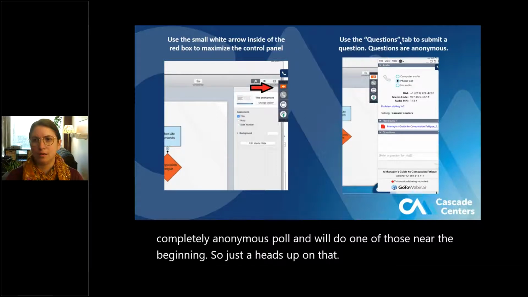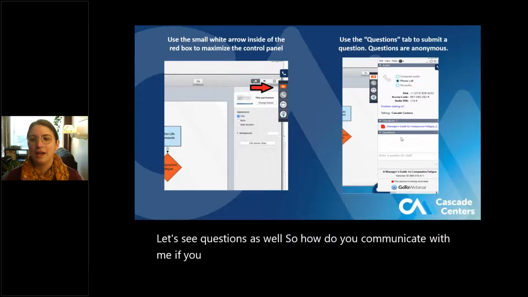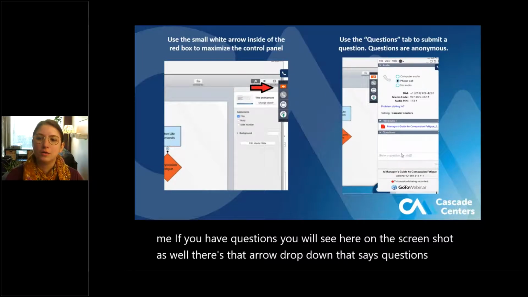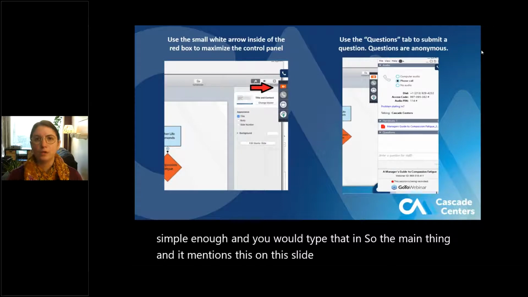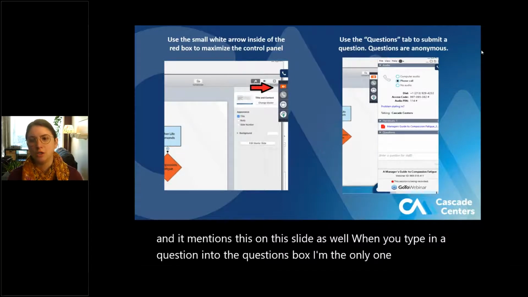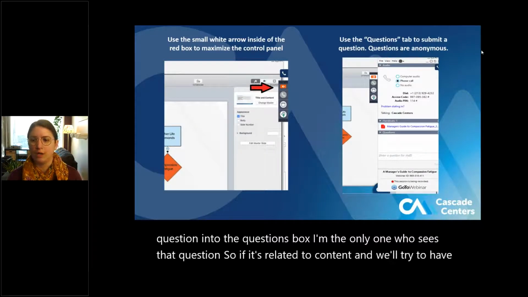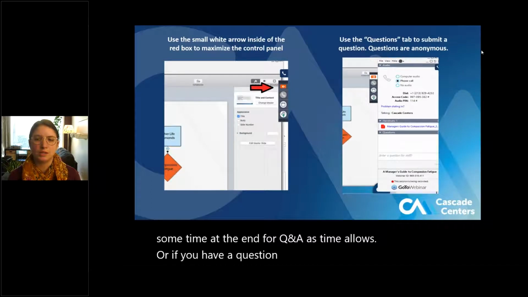Let's see, questions as well. How do you communicate with me if you have questions? You will see on the screenshot there's that arrow drop down that says questions, simple enough, and you would type that in. The main thing, and it mentions this on the slide as well, is that when you type a question into the questions box, I'm the only one who sees that question. If it's related to content, and we'll try to have some time at the end for Q&A as time allows, or if you have a question during the presentation and I have time to address it, I will.